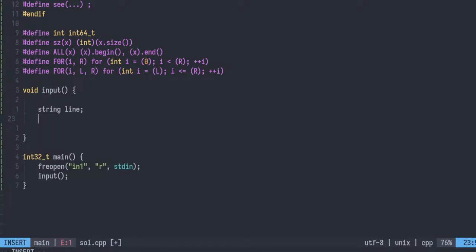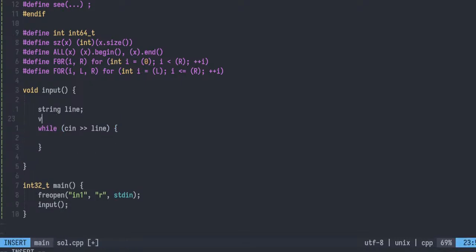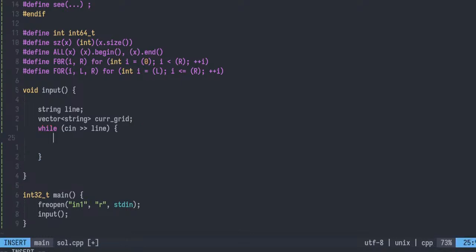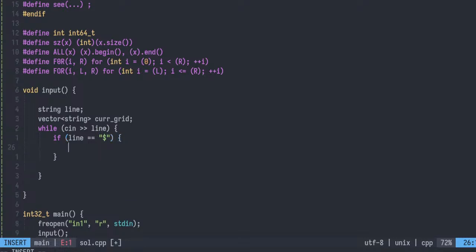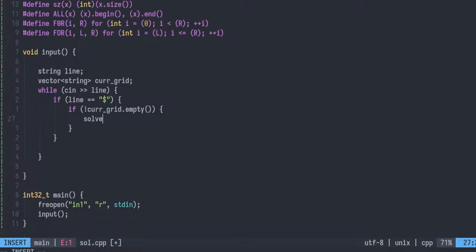String line also. So vector of string is the current grid. If line is the string, and if grid is not empty, I can send it to solve the answer for this particular grid.